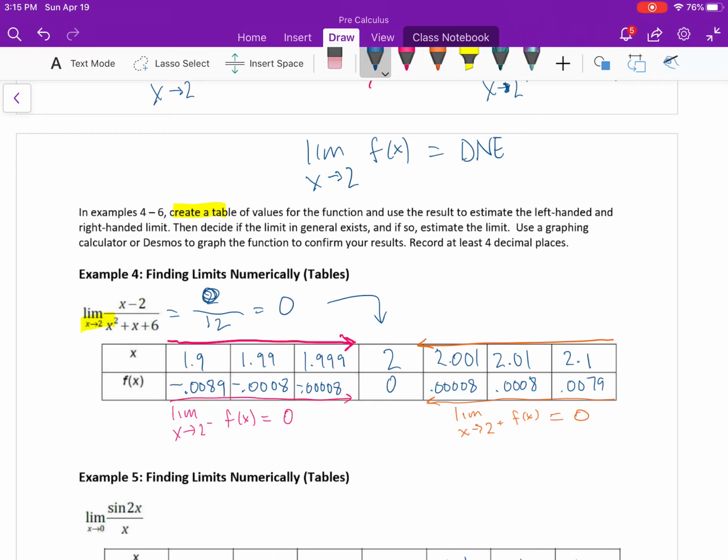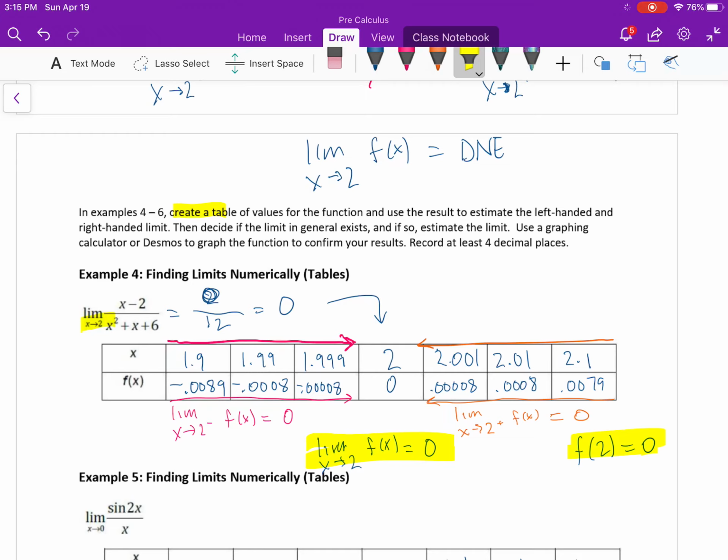And because those are equal, we can say that the limit as x approaches 2 in general of this function is in fact 0. This is a little bit different of a case where the limit is actually the same as the function value. In this case, the function value is 0 at 2. The limit is 0 at 2.